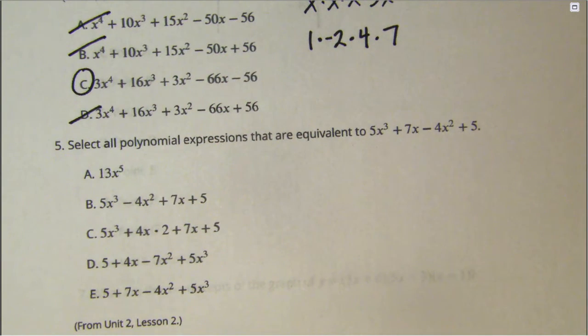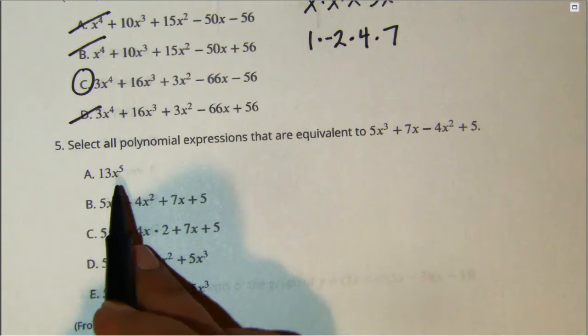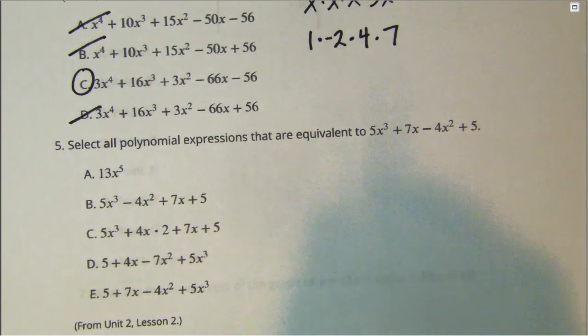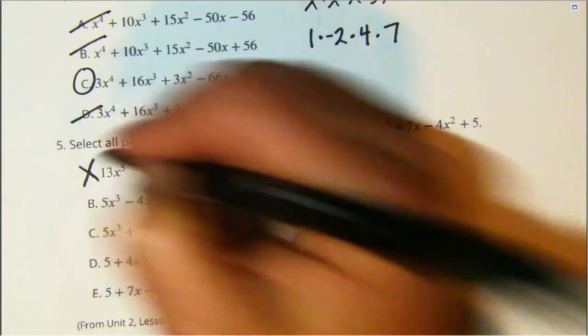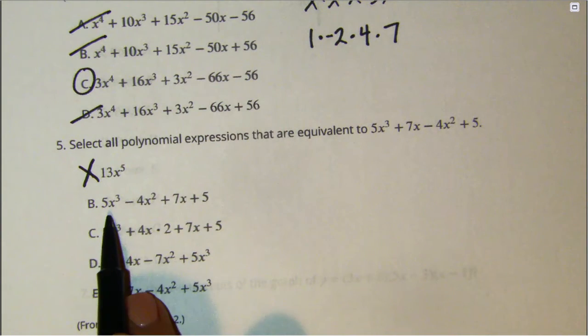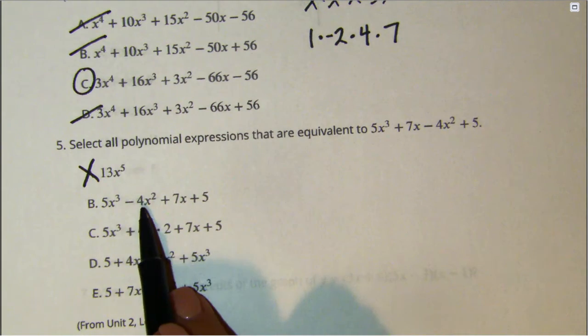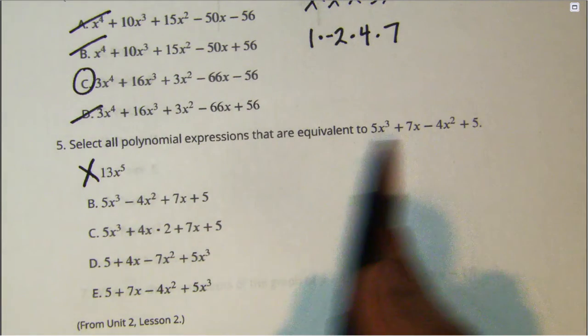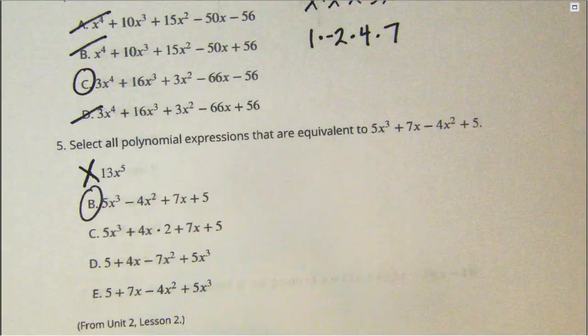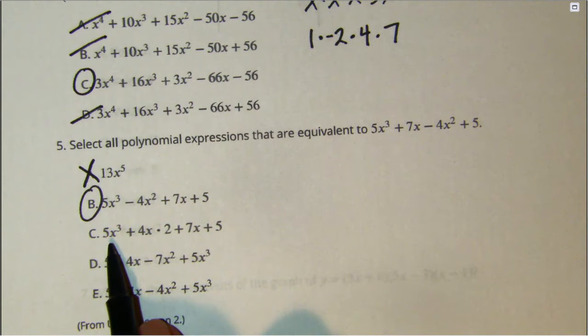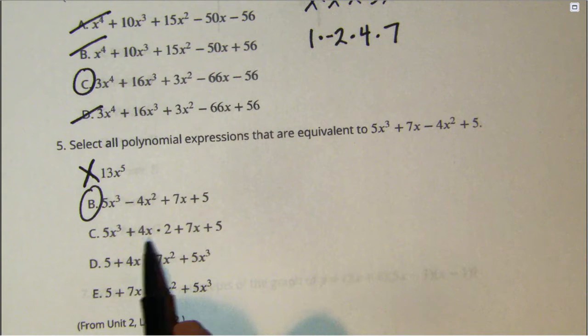Number 5, select all polynomial expressions that are equivalent to 5x to the third plus 7x minus 4x squared plus 5. All right, this person thinks it's okay to add everything up and add the exponents or something. No. What do we got? 5x to the third minus 4x squared, 7x plus 5. They changed the order, it's okay, though. Yes, this one's the same. 5x to the third plus, if you multiply those two, you're going to get 8x.